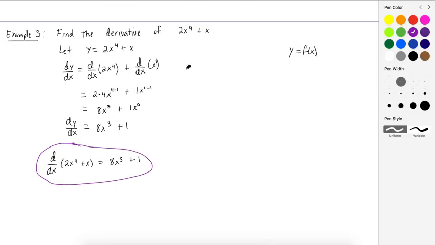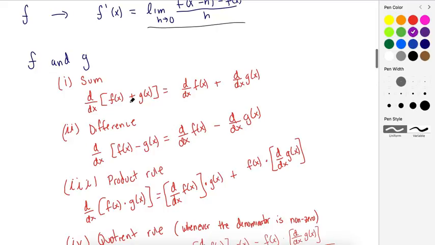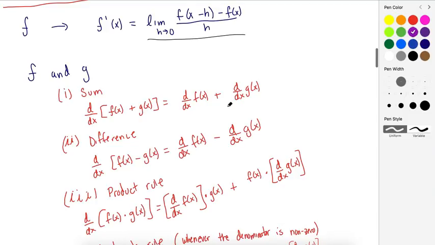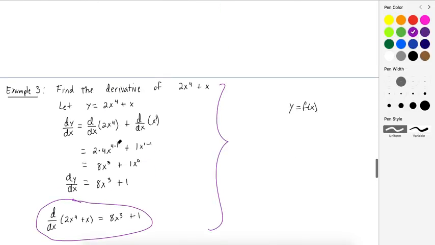And let's just remember that this right here is an example of the sum of two functions. So you can do them separately and just add whatever it is. That is the same thing as, or is equivalent to, also subtracting it. So if in this case there was a minus here, the answer would just have 8x to the third plus 1 minus 1. So this can be used as an example for the sum and difference of two functions.